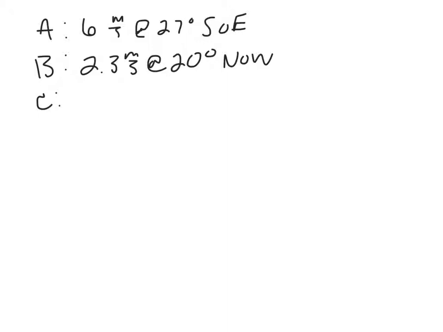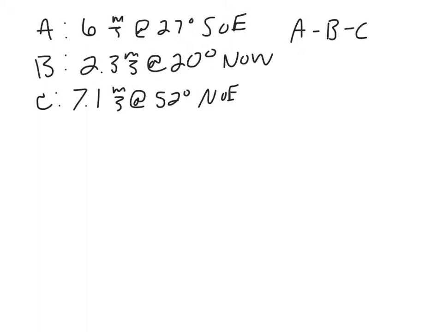Vector C is 7.1 meters per second at 52 degrees north of east. And we want to subtract A minus B minus C.